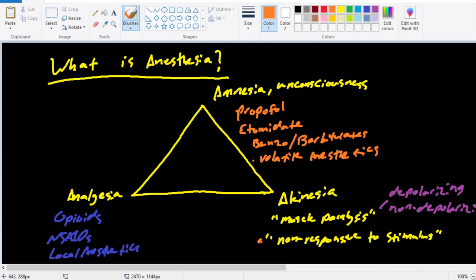I put them along this spectrum where amnesia / unconsciousness has a component of akinesia, very loosely akinesia, more specifically not responding to a surgical stimulus. And those are the three big pillars of anesthesia.